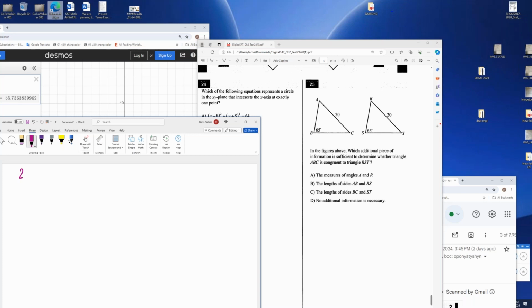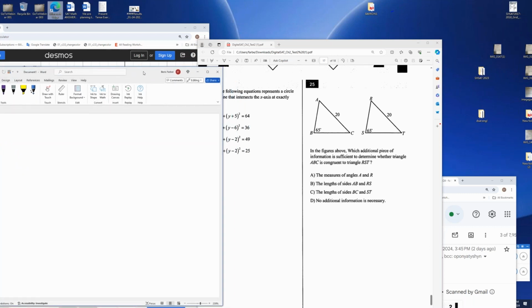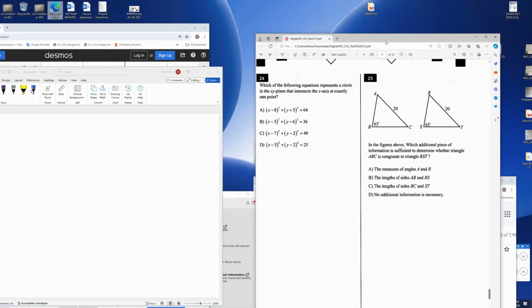This is 24. So you know the equation of a circle is x minus h to the second plus y minus k to the second equals r squared.